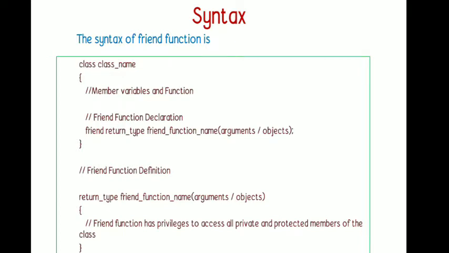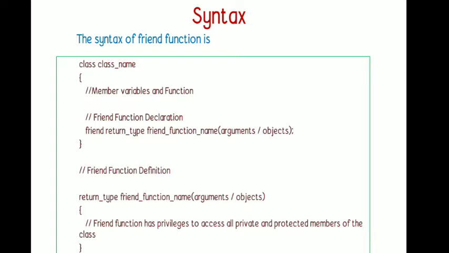So here we are going to see the syntax of the friend function. In this, we are defining a class. Within that class, we are having any number of member functions or member variables. After that, we have the function declaration.